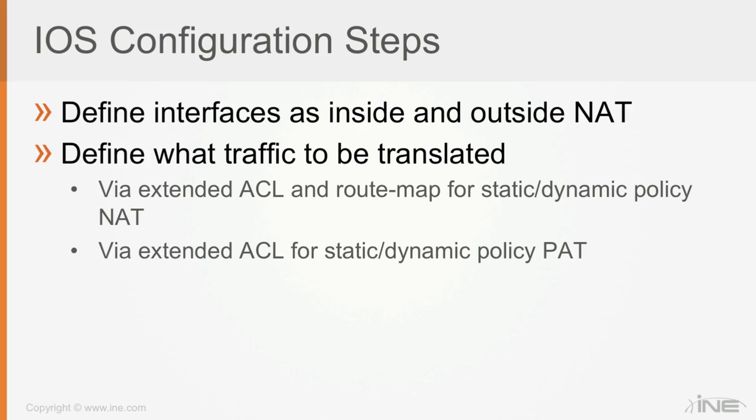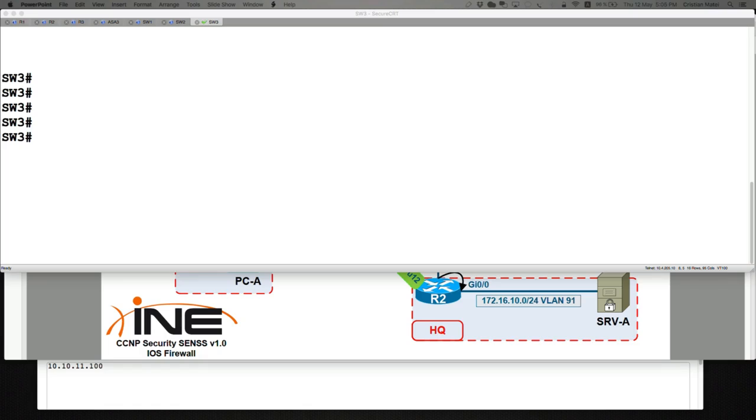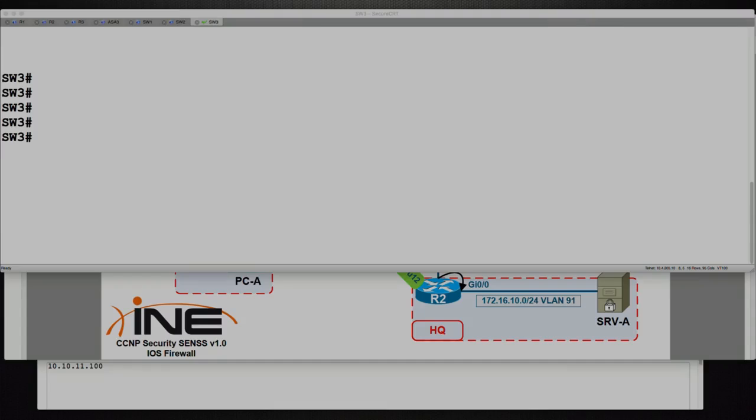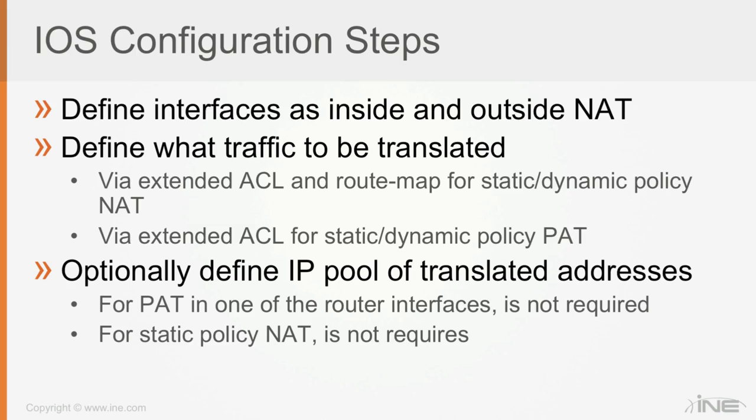Then, like in any kind of configuration, you optionally define an IP pool for translated addresses. For PAT on one of the router's interfaces, this is not required, and if you do static NAT, likewise, there's no need for it. We know the IP pool was required only in dynamic NAT.